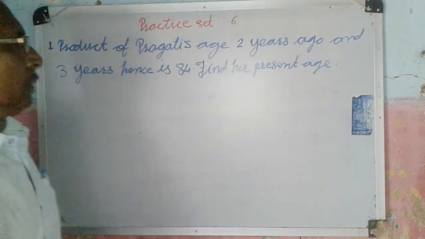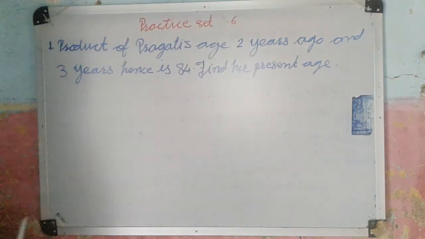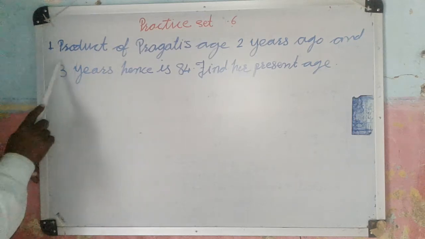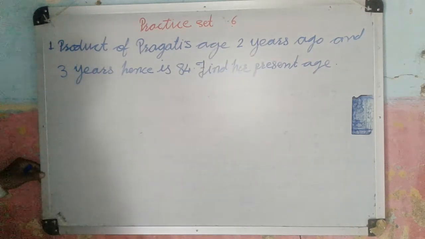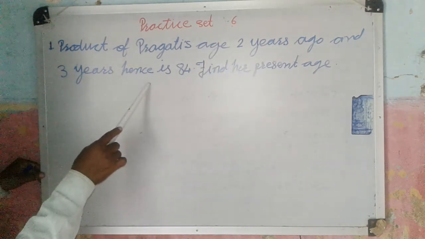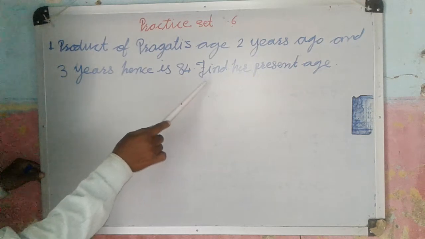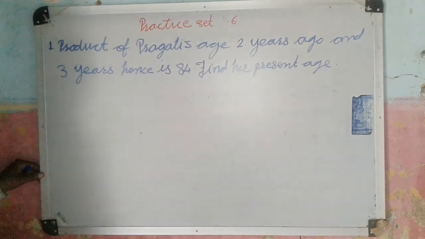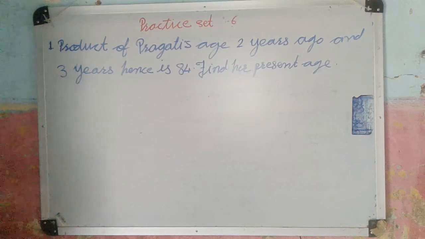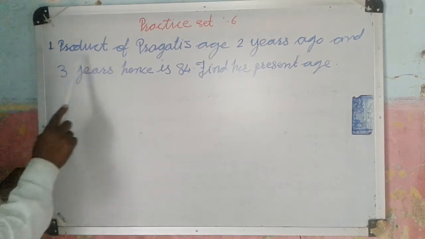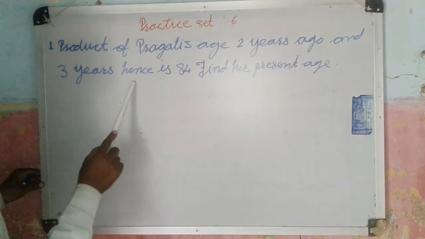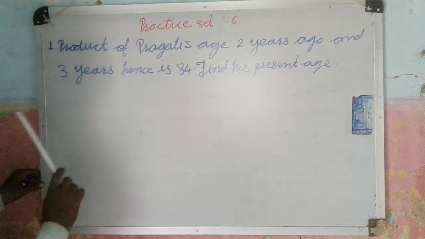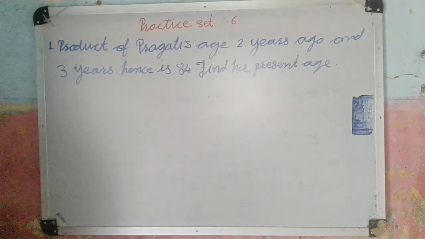Now here practice set 6, example number 1. Product of Pragati's age 2 years ago and 3 years hence is 84. Find her present age. Now here the condition is given that the product of Pragati's age 2 years ago and 3 years hence is 84. So by this condition we will obtain the quadratic equation.